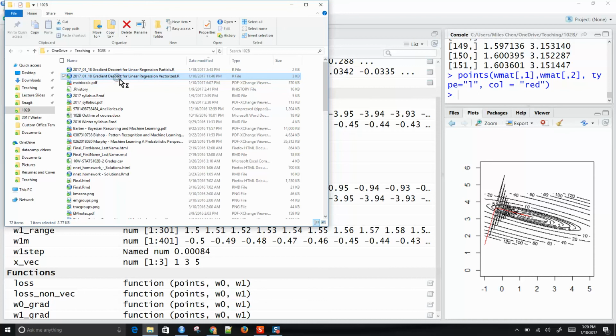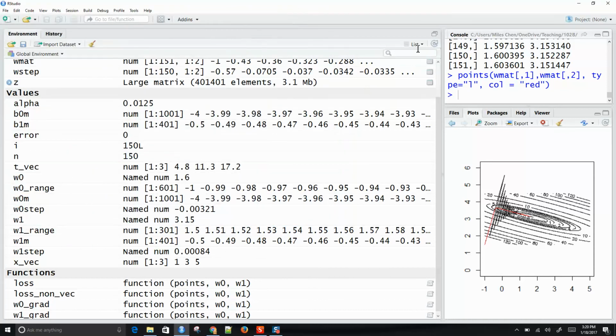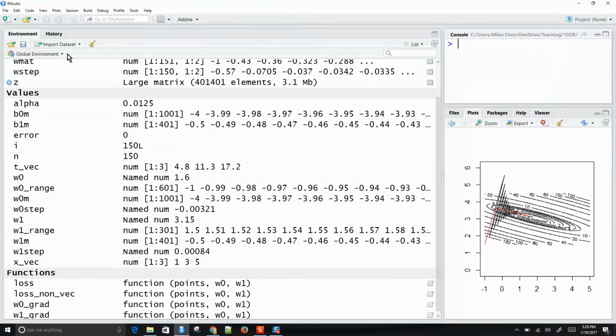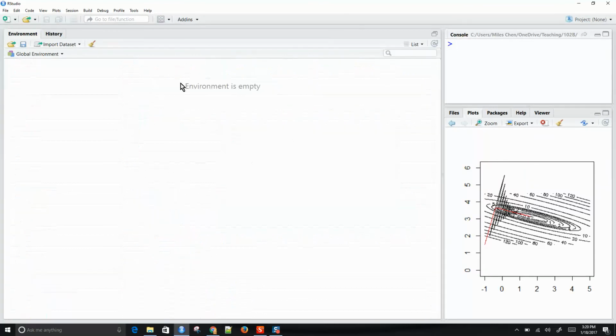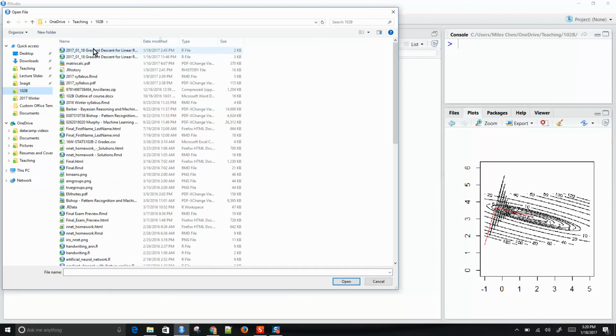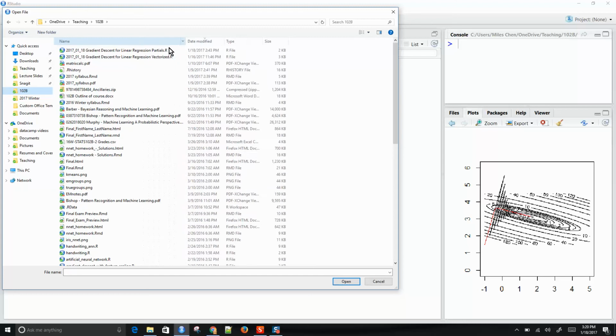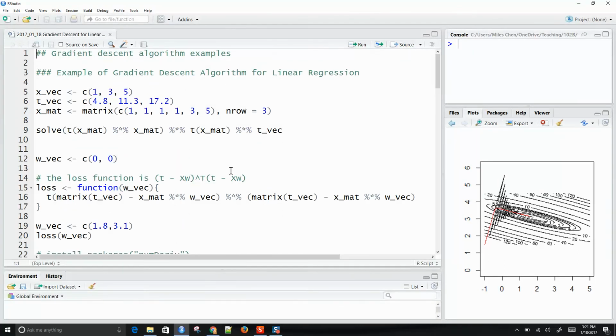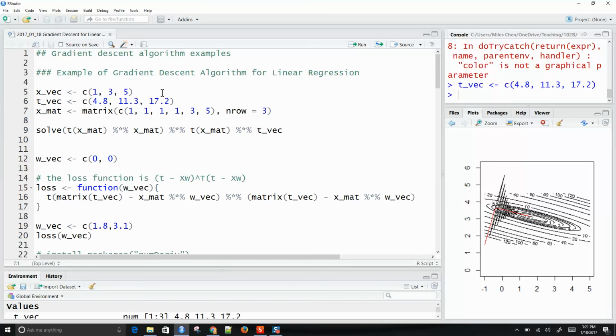Open, please. Okay, so here we go. Let me just quickly run through this code here. So here is my x vector and my t vector. These are basically x and y points.